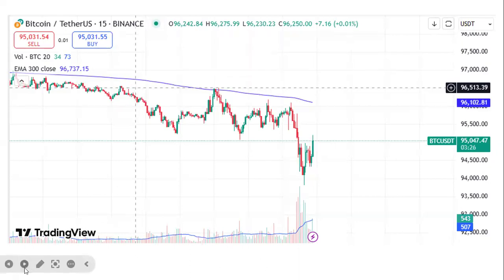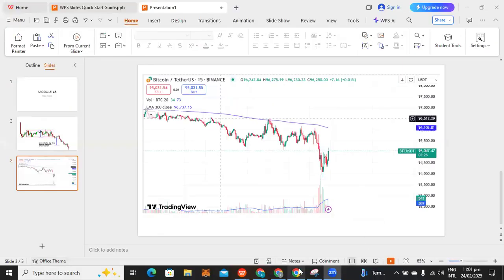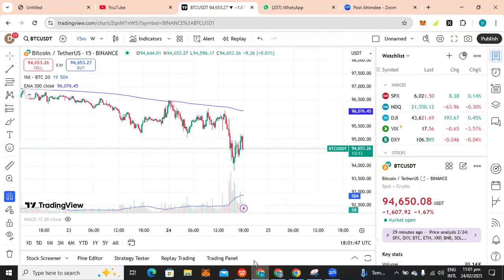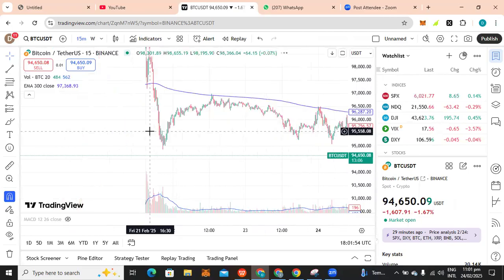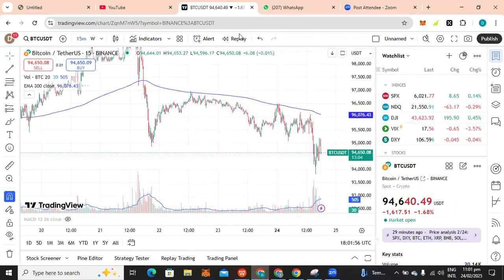Right, so over here we have the TradingView. Perfect. So this is BTC on the 15 minutes time frame. As you can see, if I zoom out, we are clearly in the downward trend. In the previous picture, I was showing you this portion, whereas in fact that is not the only place where a chart pattern was forming.